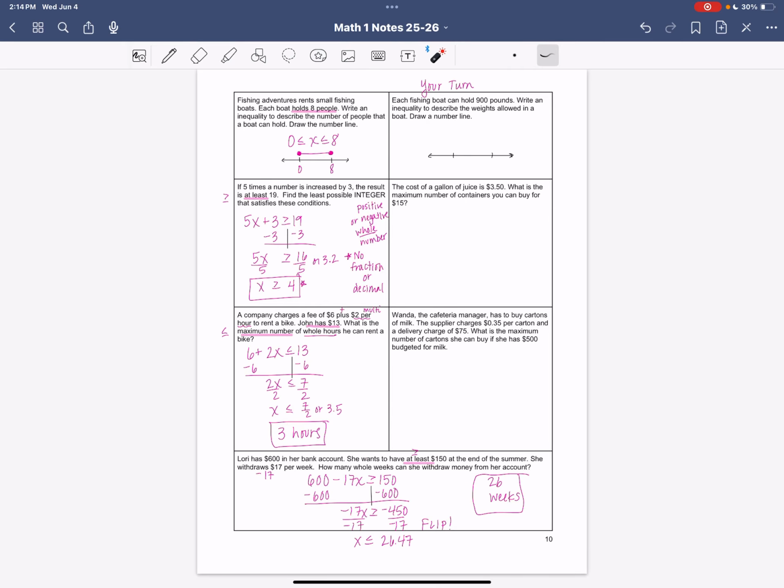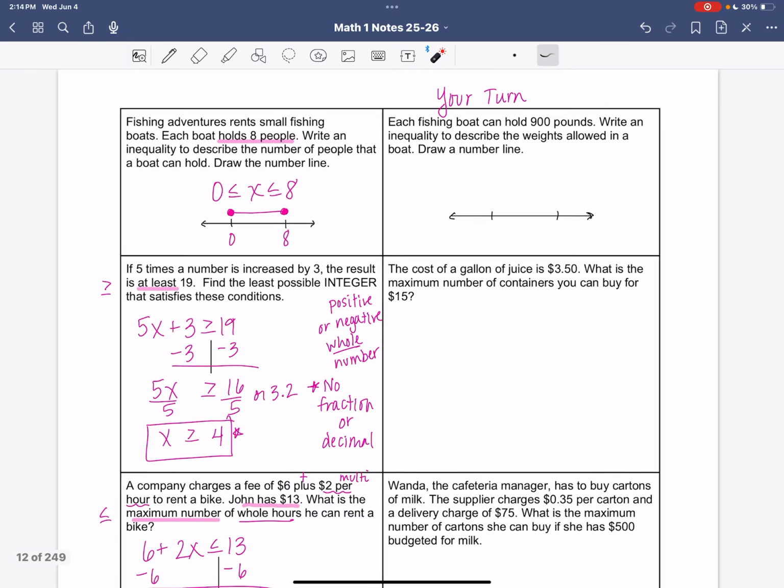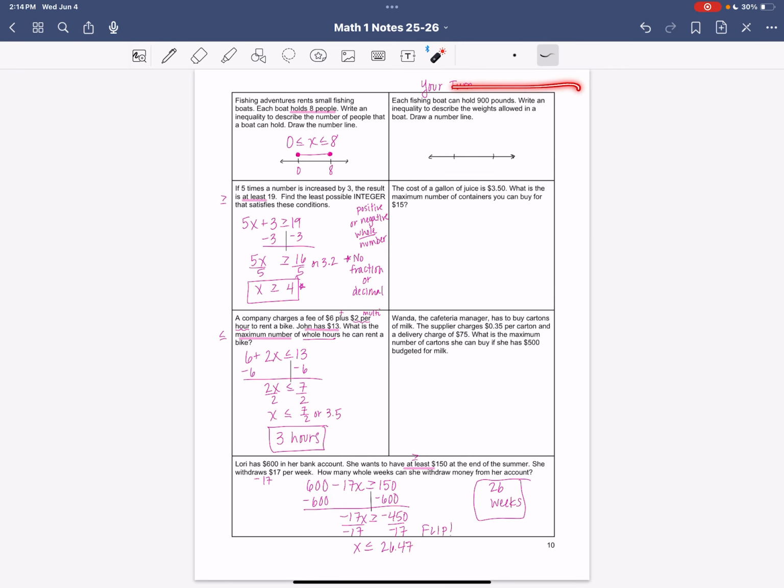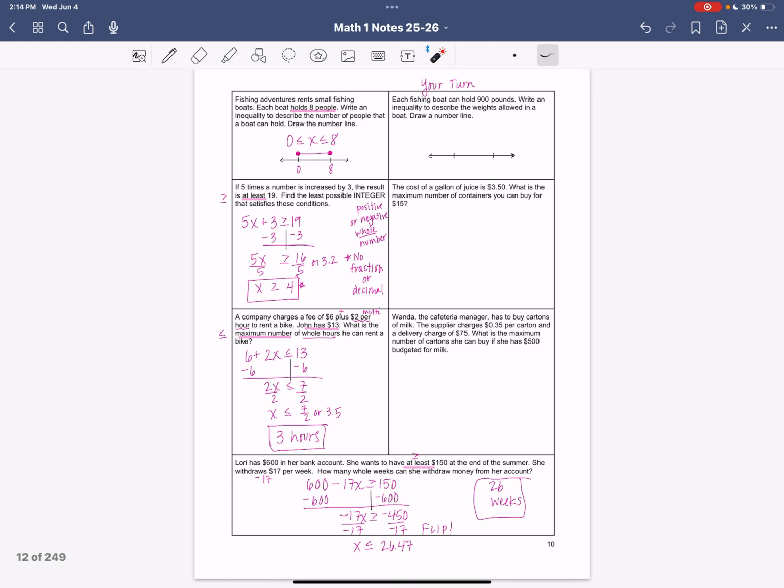All right, you're going to try all of these problems. And if you did this correctly, the first one should be 0, so x is between 0 and 900. All right, so 0 to 900 for this one.